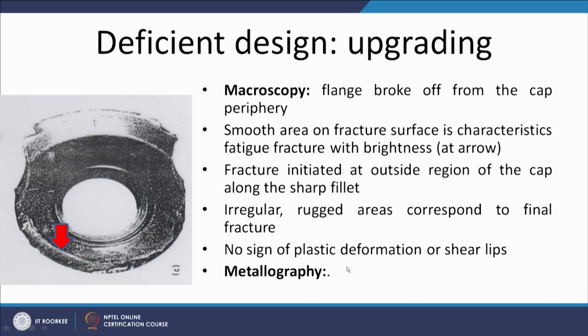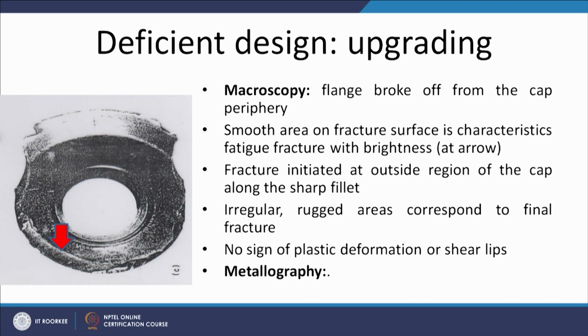A smooth area on the fracture surface is characteristic of fatigue fracture, with the brightness at the arrow zone showing the location from where the crack initiated. Regular rugged areas correspond to the final fracture, and there was no sign of plastic deformation, which suggests that the material had good strength, but the crack nucleated in the high stress areas, grew under the influence of fatigue loading, and then failed catastrophically.